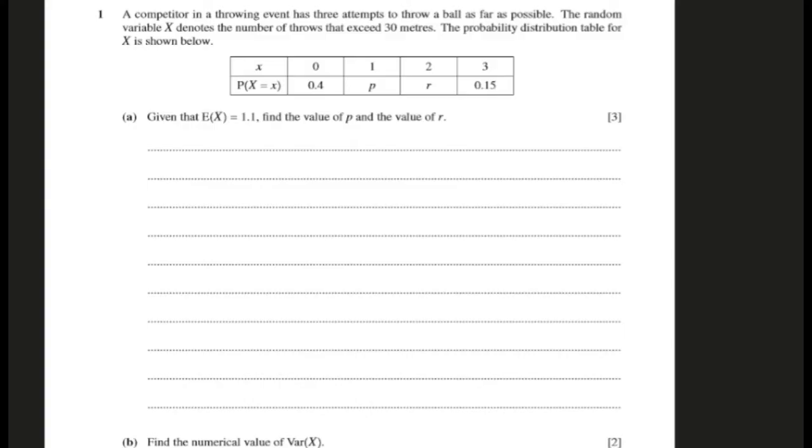Part A. Given that the expectation of x is equal to 1.1, find the value of p and the value of r. Okay, so let's find the expectation of x using the table above.